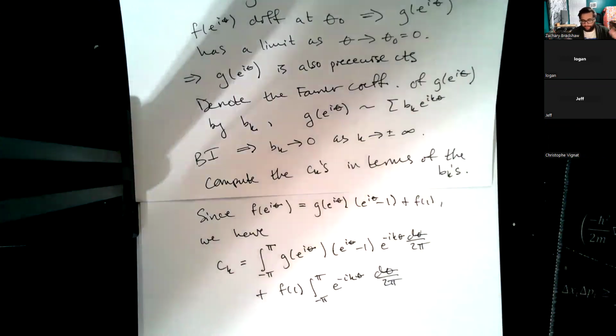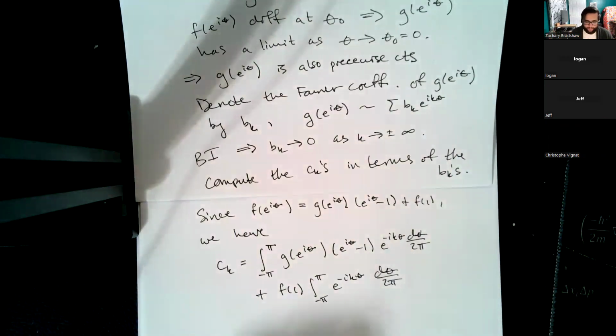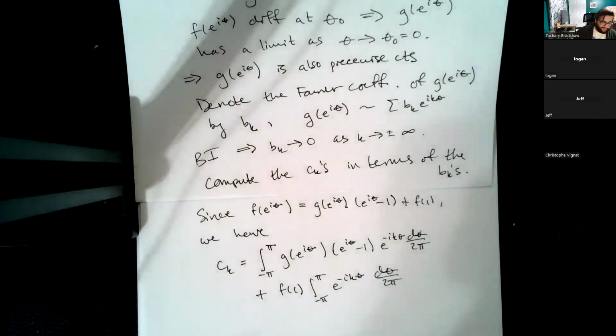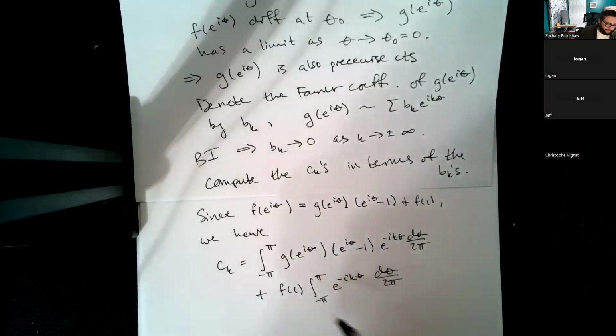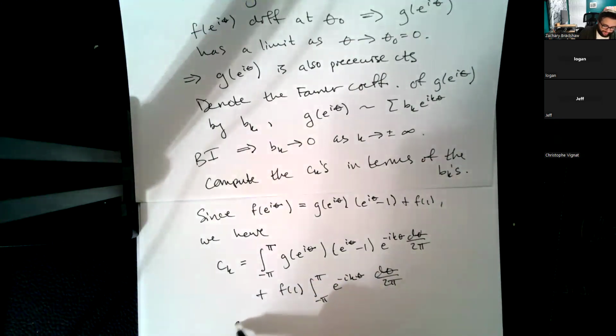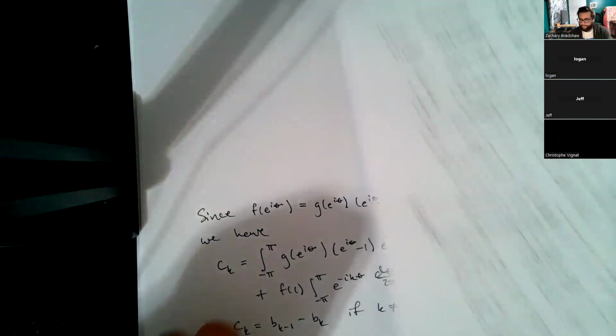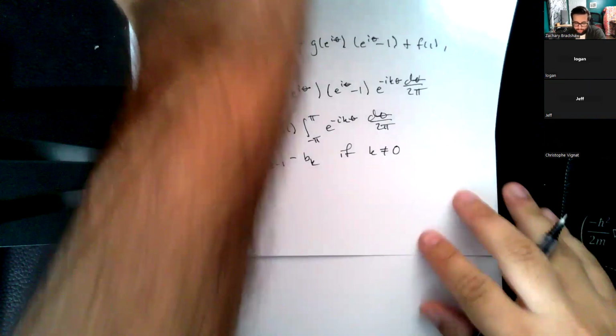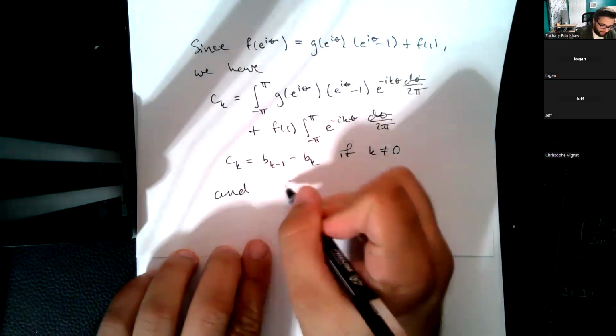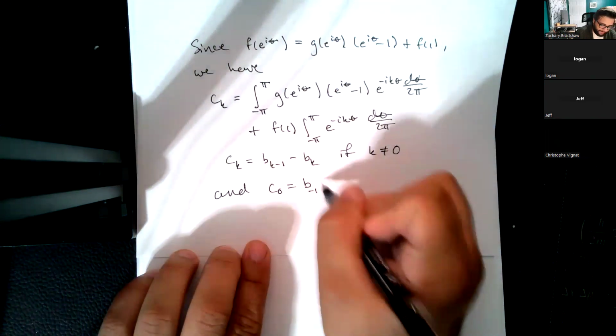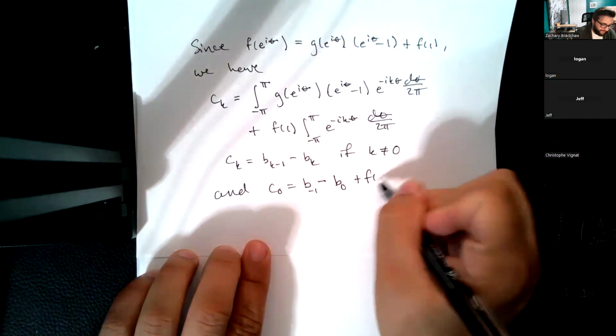Basically we're taking the Fourier transform of both sides. When we express the integrals as Fourier coefficients, what we find is that ck will be equal to b k minus 1 minus bk if k is not 0, and c0 equals b minus 1 minus b0 plus f of 1.